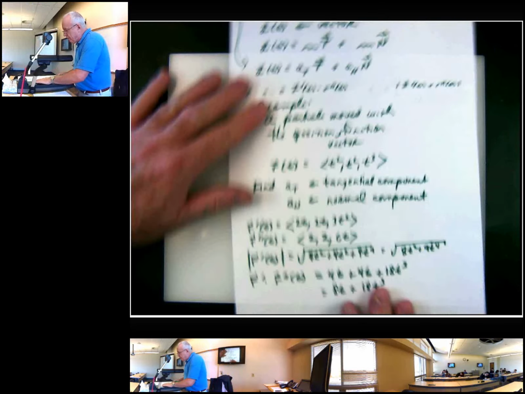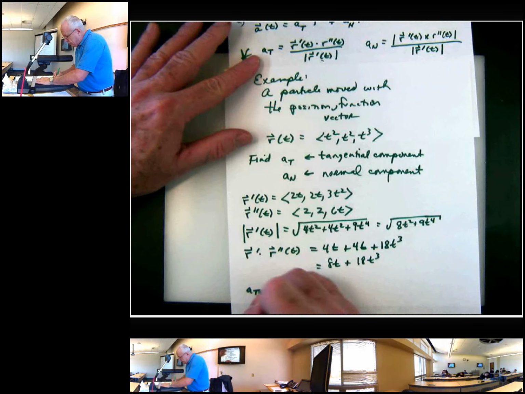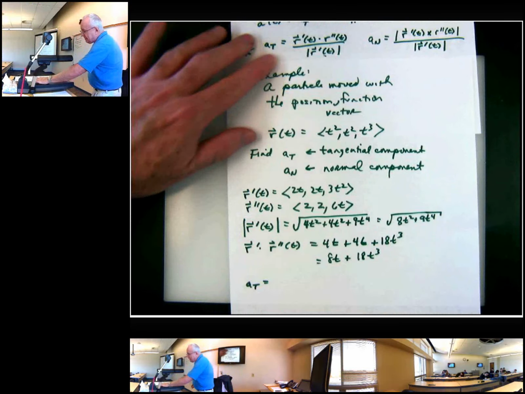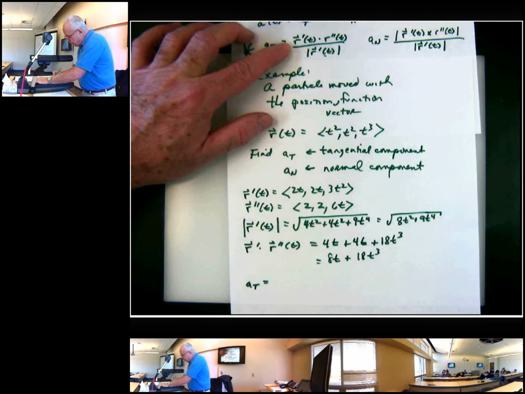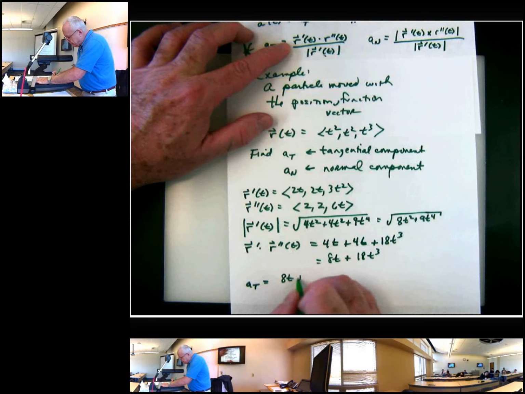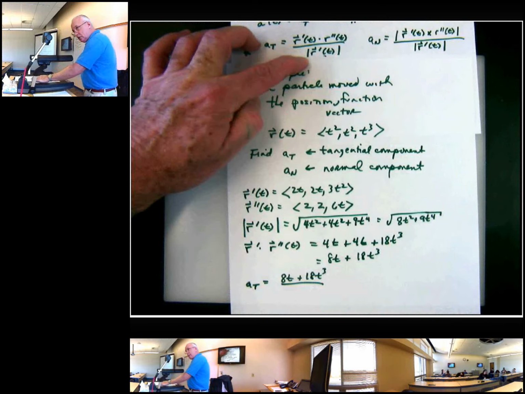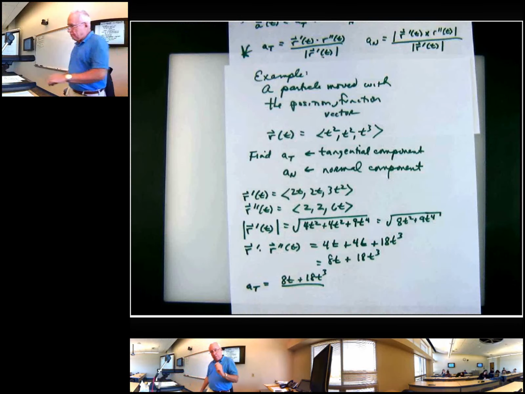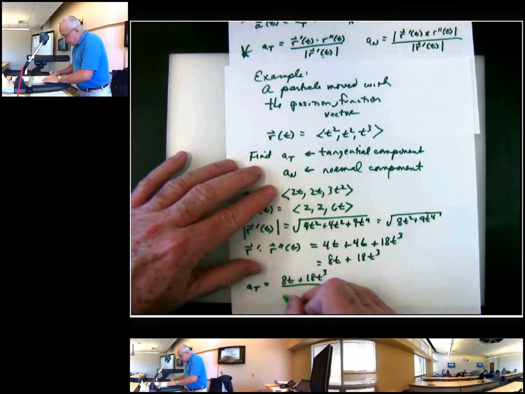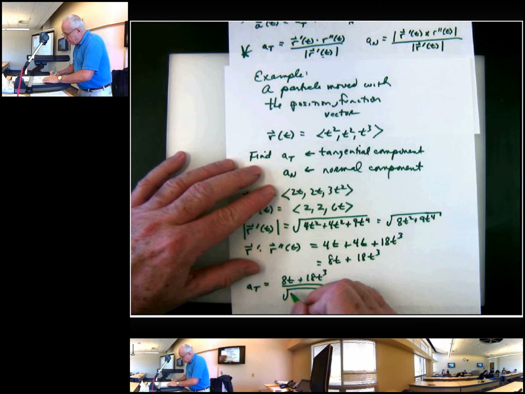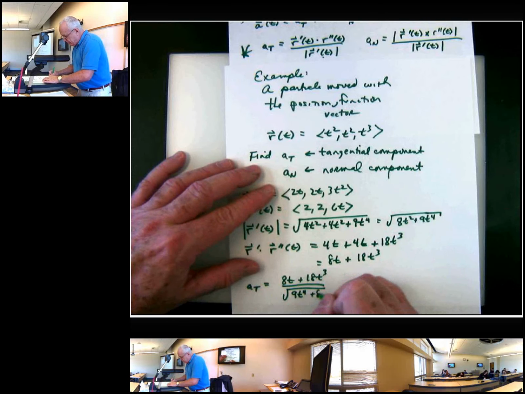Therefore, this tangential component is the dot product, 8t plus 18t to the third, over the magnitude of the r prime. The magnitude of the r prime is the square root of 9t to the fourth plus 8t squared.